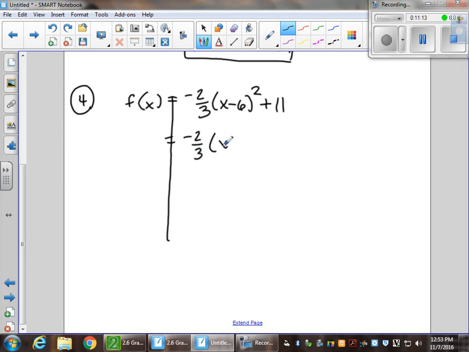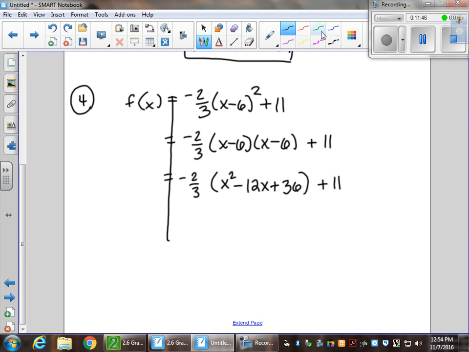We need to work on x minus 6 times x minus 6 first. For those of us comfortable with the rules from the last section, we know that x minus 6 times x minus 6 will be x squared minus 12x plus 36.